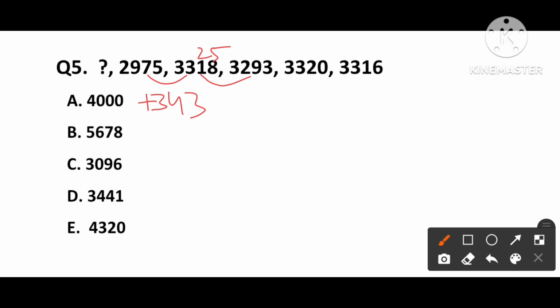Here the difference will be 7 plus 18, which will be 25. 25 is the difference between these two. Here we see a difference of plus 7 and 20. 7 plus 20, 27. Plus 27 is the difference here.